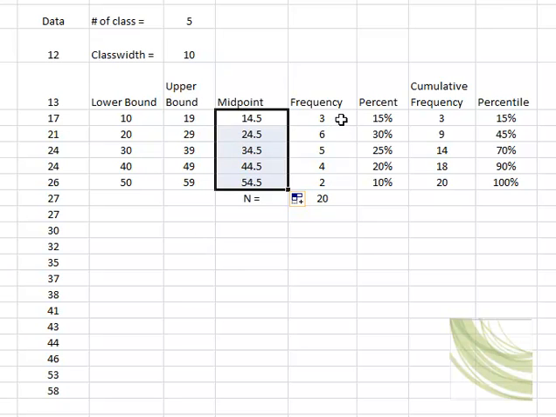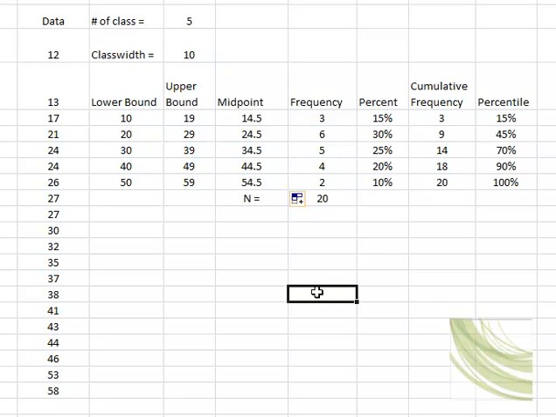So now we can count our observations. For the data from 10 to 19, we get 3 data. Between 20 and 29, we get 6 data. Then we have 5 data. Then we get 4 data, and we get 2 data.